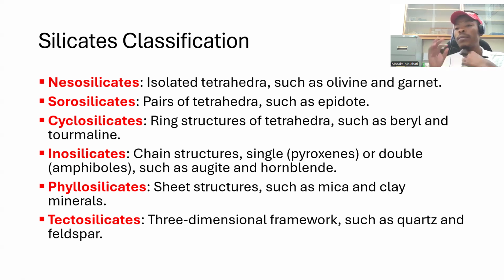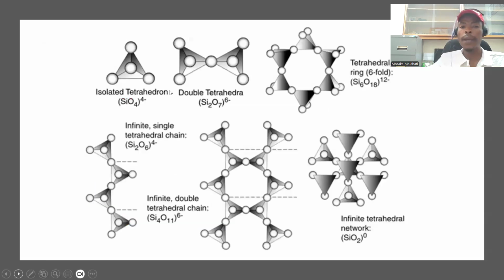Then tectosilicates. The common minerals in the tectosilicates are quartz and the feldspars. These pyramids bond in a three-dimensional framework. So basically, this pyramid is what you call a building block of what we call silicates.